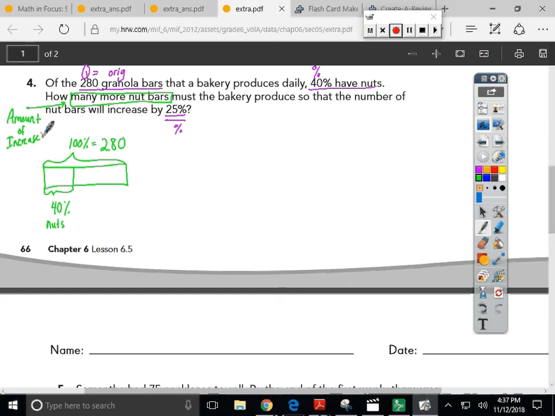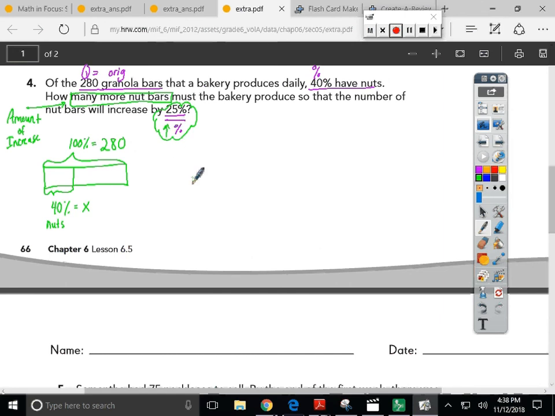And then it goes on to say, so that will increase by 25%. Well, let's do this first. Do we know how many nut bars are sitting here? Do we know this amount yet? Not really. And in a minute, if I can find that, then I could definitely show you an amount to increase it by. I'm going to start right here, and I'm going to save this 25% increase for a little bit, okay?